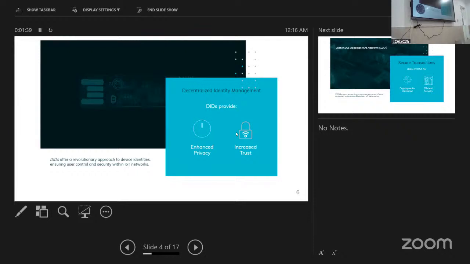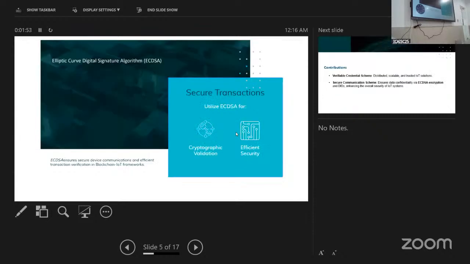By using the DID, we will increase the trust among our users within the network, and also we will enhance the privacy for our users and also the network. We also thought about which cryptography algorithm we should use. We found different algorithms, but we ended up with the elliptic curve digital signature algorithm because we claim that it's really efficient for security.